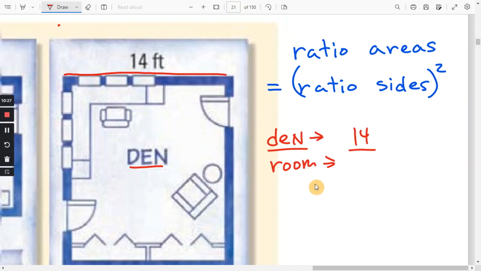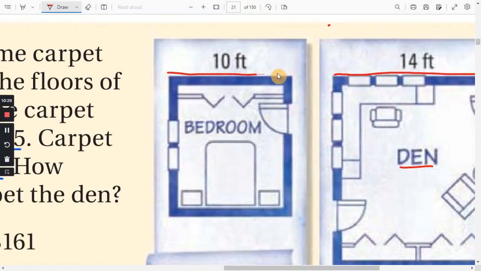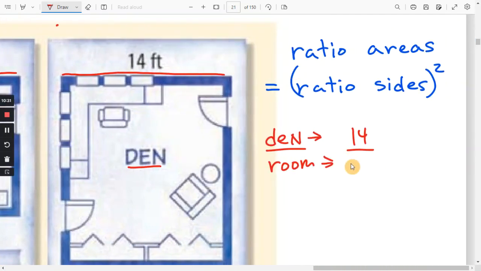And for the bedroom, the side length is 10. Now, we can square it as is, but it might be easier to reduce it so we have smaller numbers. They're both even. 14 divided by 2 is 7. 10 divided by 2 is 5. All right. So that's the ratio of the sides.